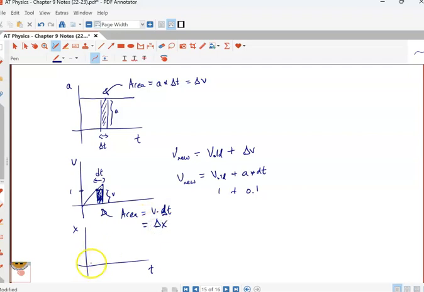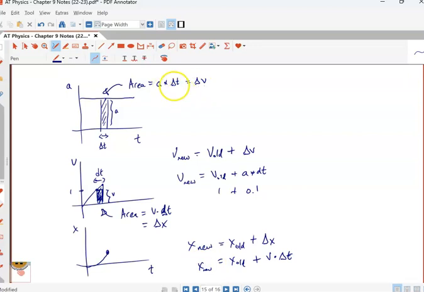So how do we find its new position? Let's say the position is like here, and I want to find my new position afterwards. My new position will be equal to my old position plus that chunk of displacement, that change in displacement, so that delta x. So it'll be the old position plus v times delta t. So how does this all work out in code?